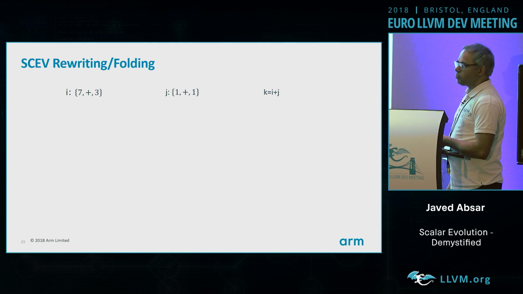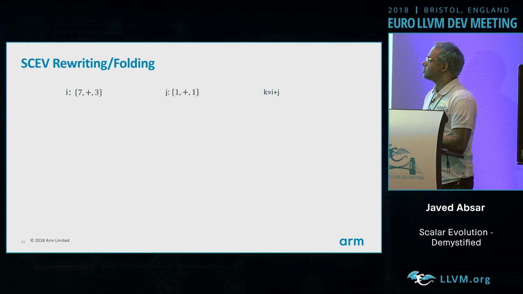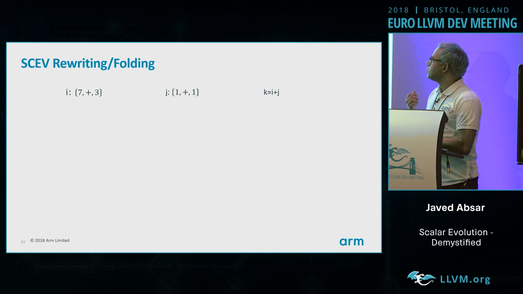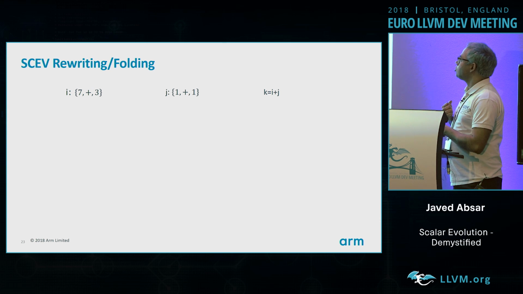So suppose I have a loop, and I have a scalar induction variable i. It starts with 7 and increments by 3 every time, and a j, which is a separate scalar variable that evolves. It starts with 1 and increments by 1 every time. And the value that I really care about is k, which is i plus j.